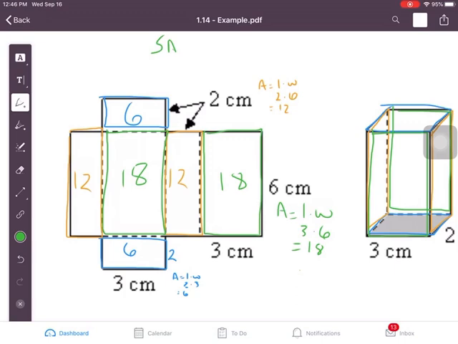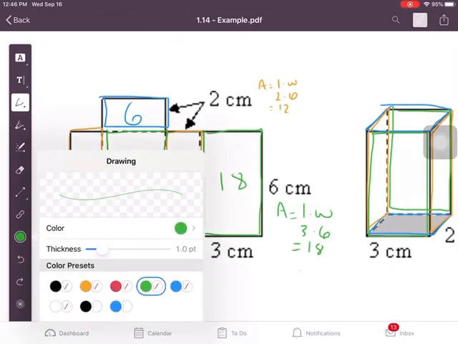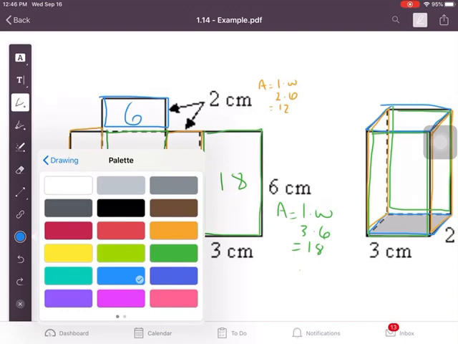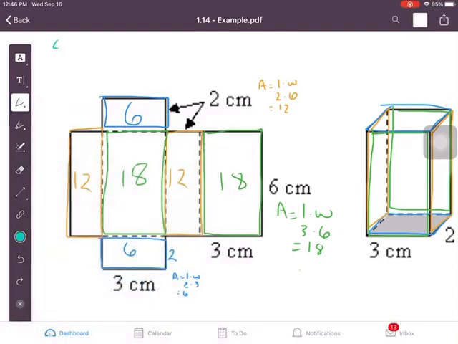Let me change my color. So surface area in this case would be, I'm going to have my 2 6s, 6 plus 6, plus I've got 2 12s, so 12 plus 12, and then I've got my 2 18s, 18 plus 18.